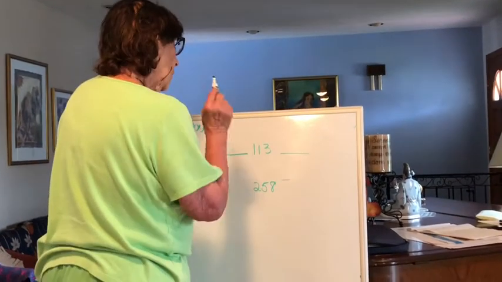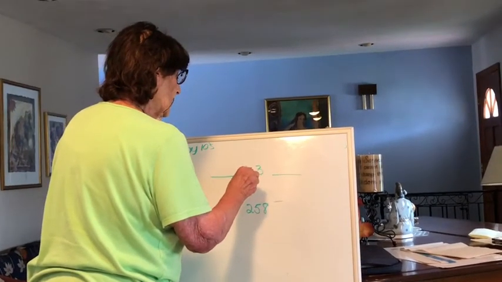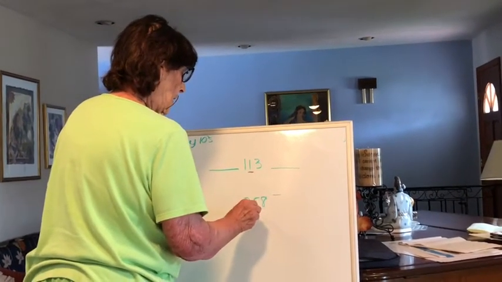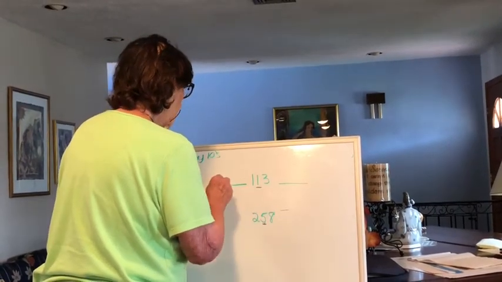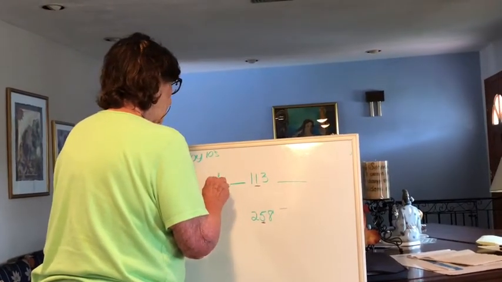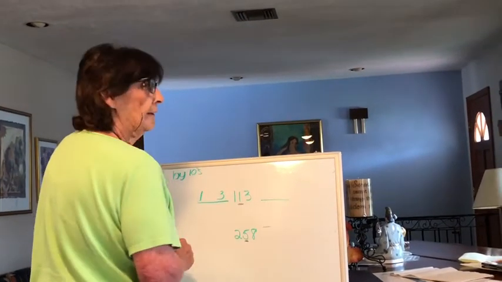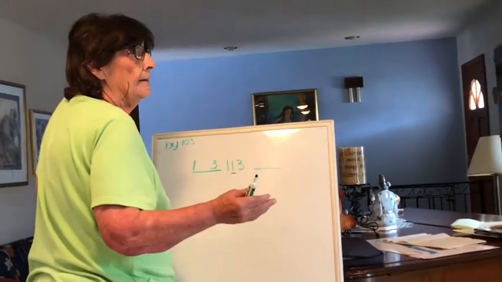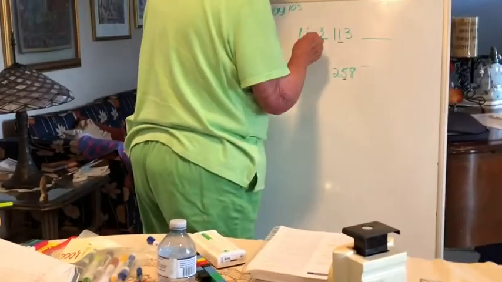Okay, now, we are looking at the tens. This is the tens. We're going to do 10 more. So we're going to keep the 1, and we're going to keep the 3 the same. What is 1 less? Nothing. 1 less from 1 is nothing.